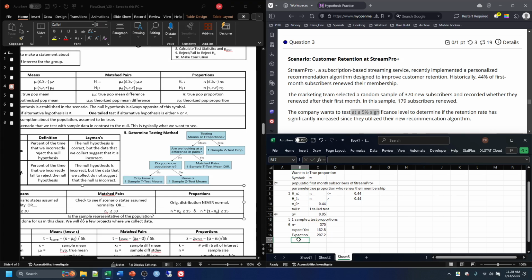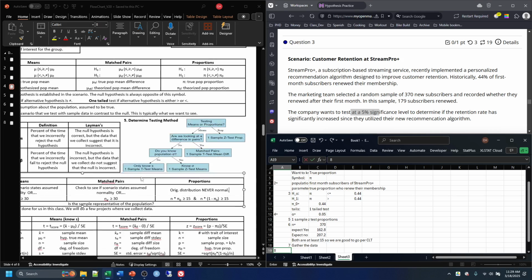Because both are at least 15, we are good to go for the central limit theorem. Fantastic. All right, step 7, we need to gather the data, which we already have. And we are on to step 8.